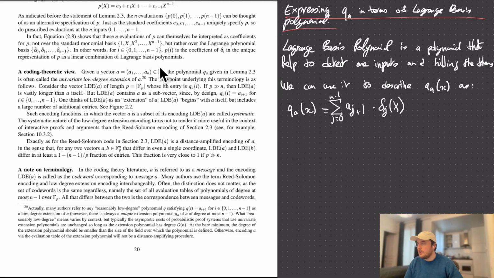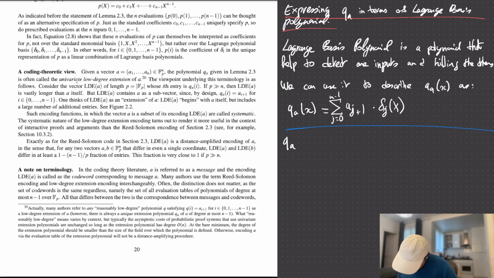Given a vector, the polynomial Q of A in the lemma is often called the univariate low degree extension of A. Okay, this is important to note.